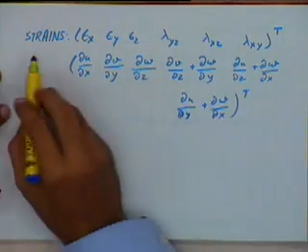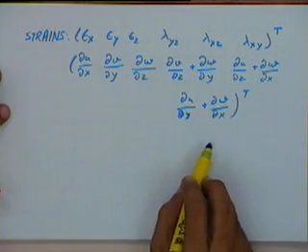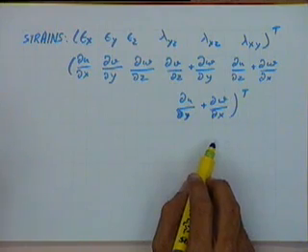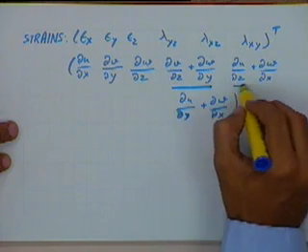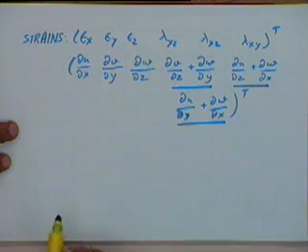So the strains can also be represented using these partial derivatives.